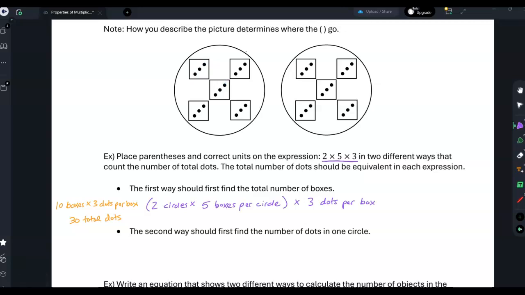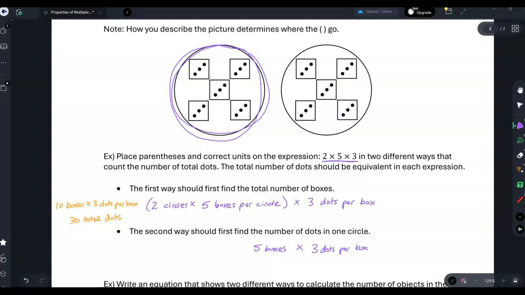So the faster way to find the total number of dots in this circle would be to just find the number of dots in each box and then multiply it by however many boxes we have, right? So I've got 3 dots per box. And I could multiply that by 5 boxes. So if I did that, I would only have to count 1, 2, 3 and realize that they're all the same.